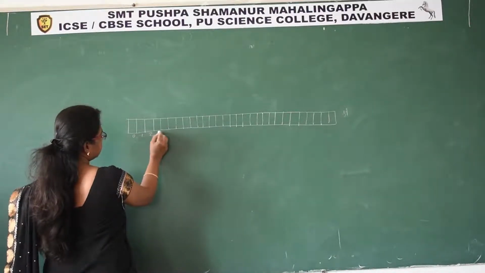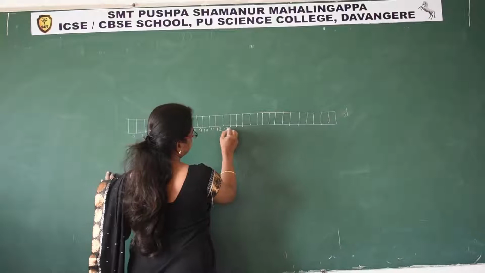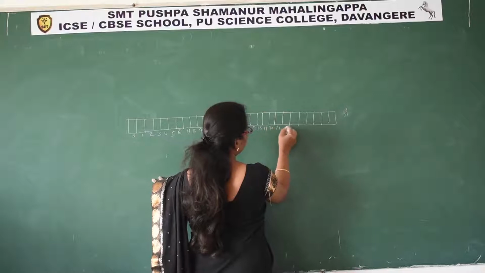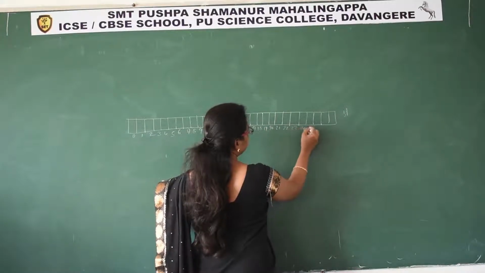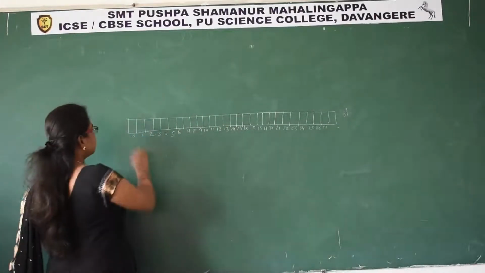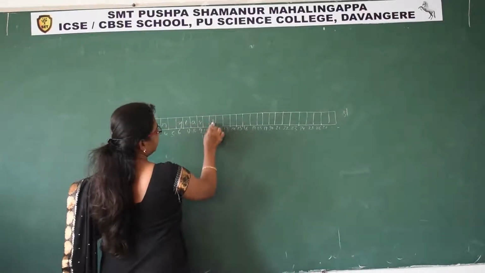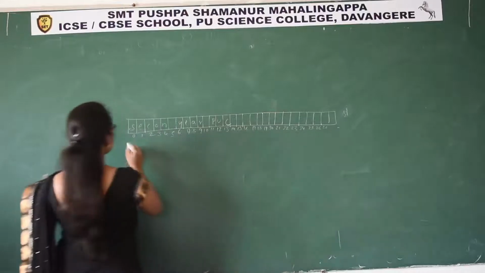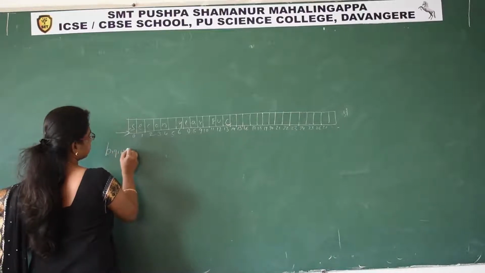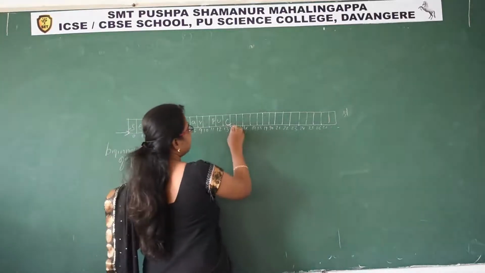Actually addresses are there, but I'll consider the positions. 16, 17, 18, 19, 20, 21, 22, 23, 24, 25, 26, 27, like that. I'll consider the text second year PUC. This is the beginning of the file, and this is the end of file.